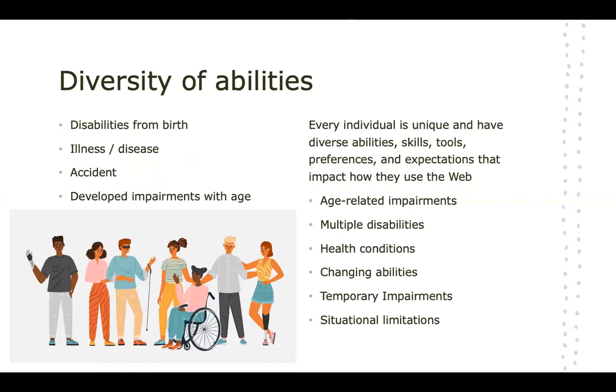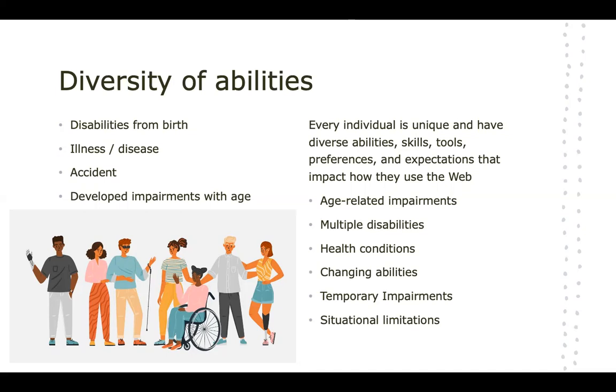There are many reasons why people may be experiencing varying degrees of a disability or disabilities. Some may have disabilities from birth, like a baby born with a cleft lip. Some may have disabilities caused by an illness or disease, like an adult who begins to develop severe arthritis in their hands. Some may have disabilities caused by an accident, like someone becoming paralyzed and wheelchair-bound following a car crash.